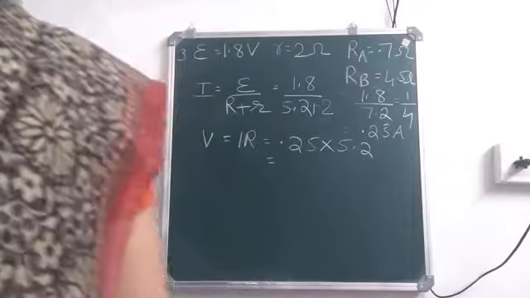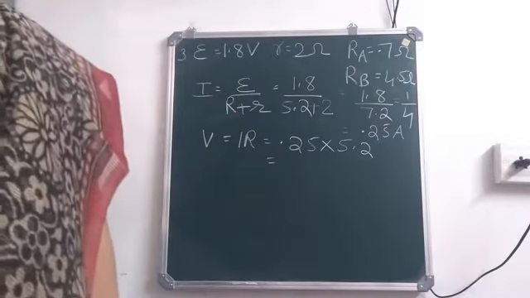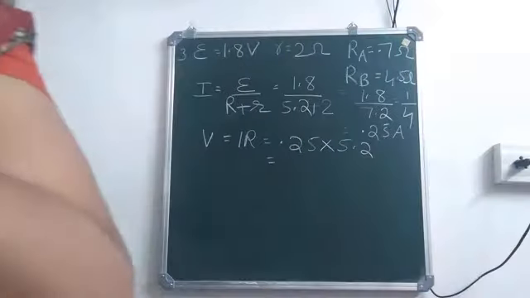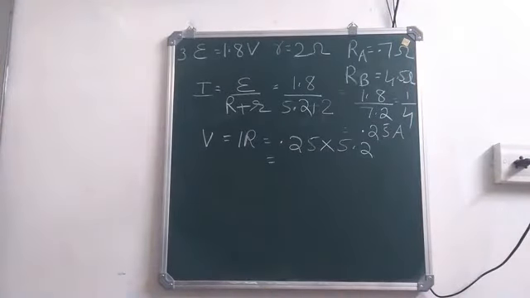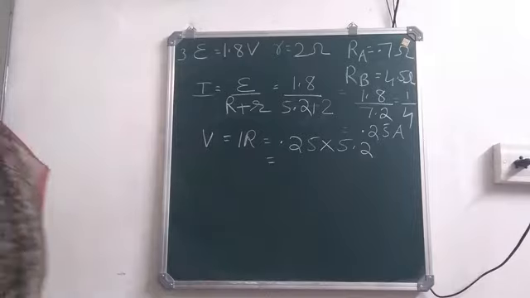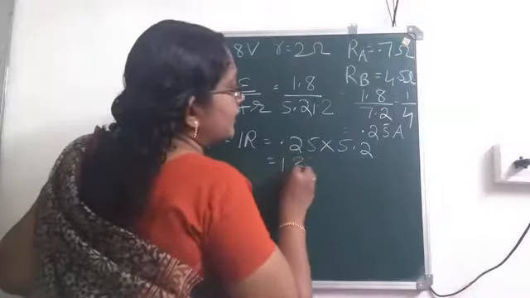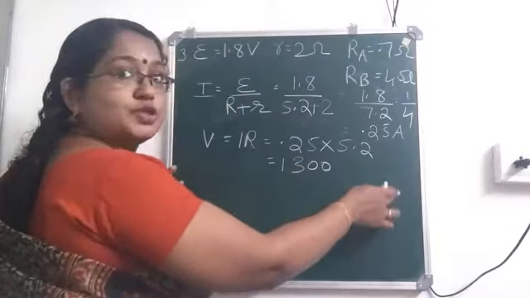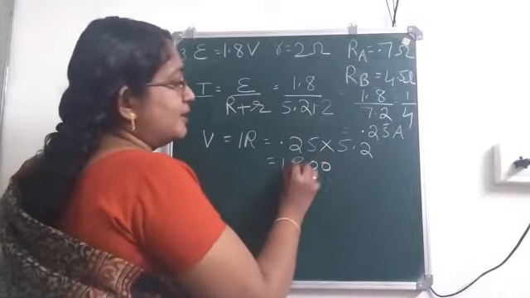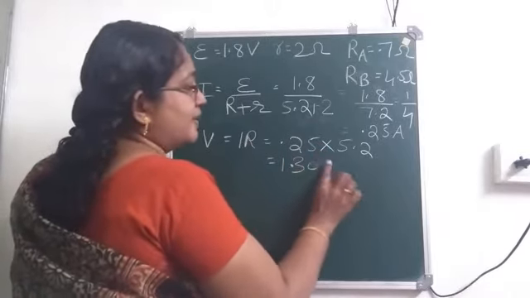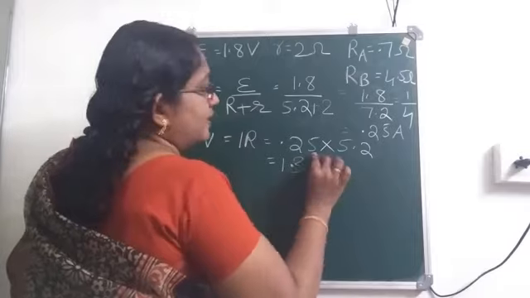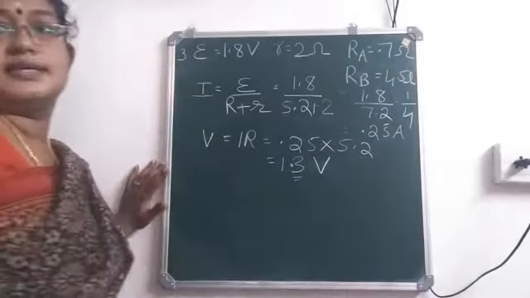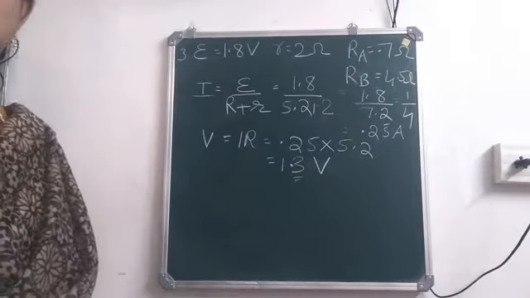When you multiply, it will be 25 into 52, which will be 1300. I am not wasting time to do it. Since 3 decimal places are there, you will be getting 1.3. So 1.3 volt will be the answer. Okay, so that is over.